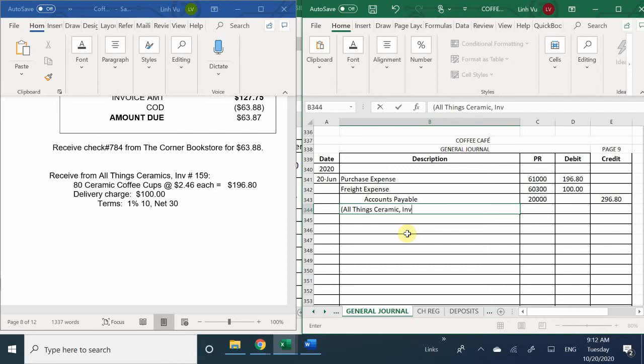Invoice number. Okay. Terms. All right. Good.